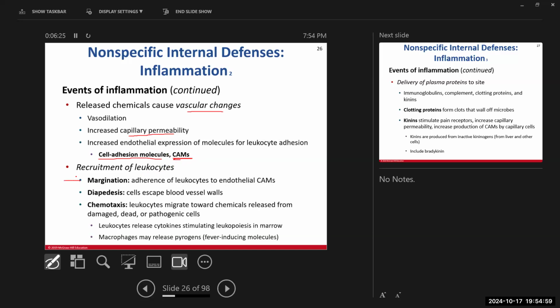The first part of this is called margination. The cells are going to move to the periphery, or the margin, or the edge of the blood vessel, and they're going to get stuck onto the endothelium by these CAMs. Once they're stuck on the edge of the blood vessel, remember, our blood vessels now are leaky. So now you'll have these holes in between the endothelium.